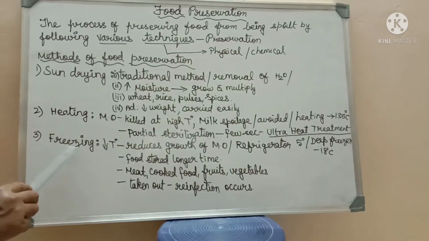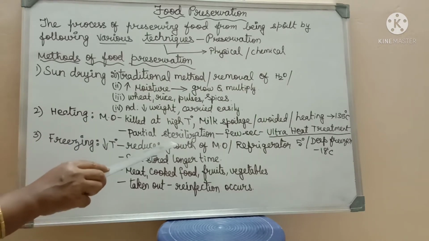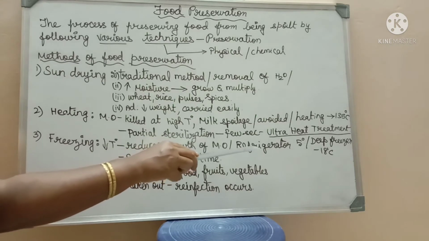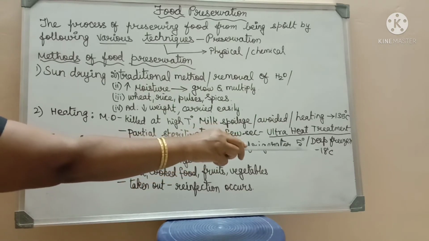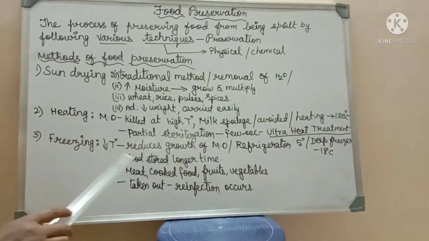The third method is freezing, where the temperature is reduced. Reduced temperature also prevents the growth of microorganisms. Usually, refrigerators maintain a temperature of 5 degrees Celsius, whereas a deep freezer maintains minus 18 degrees Celsius.